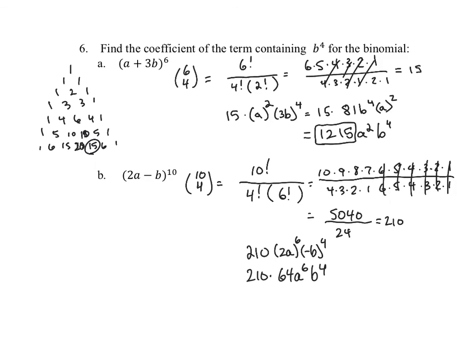So 210 multiplied by 64 is 13,440 a to the sixth, b to the fourth. So the coefficient is 13,440.